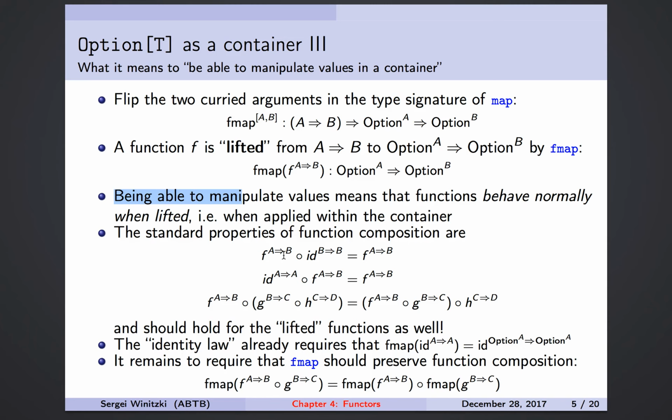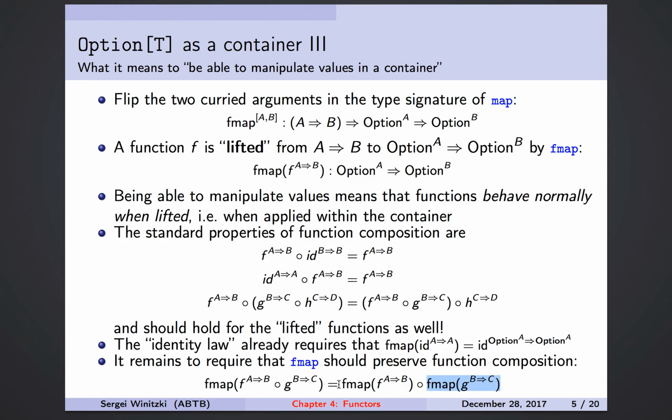it's reasonable then to require that when you lift a function and you compose it with another function, then the result is going to preserve function composition, so that if you compose two functions and lift them, it's the same as if you first lifted each of them and then composed them.